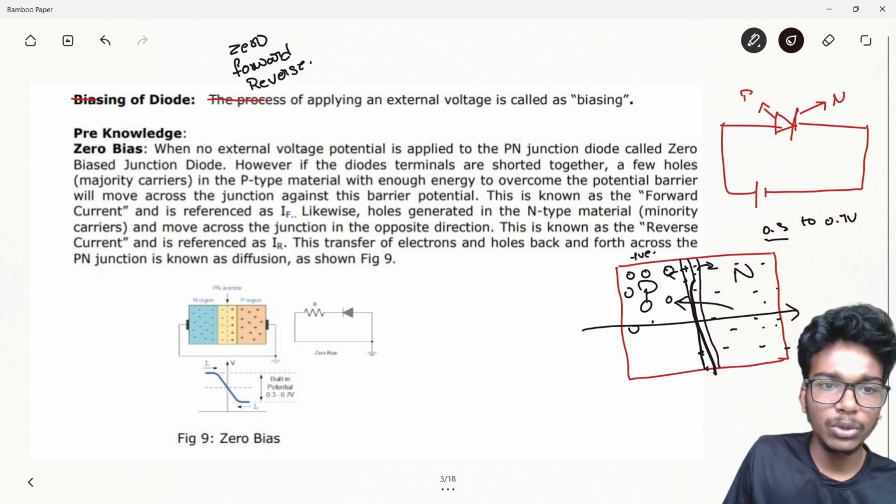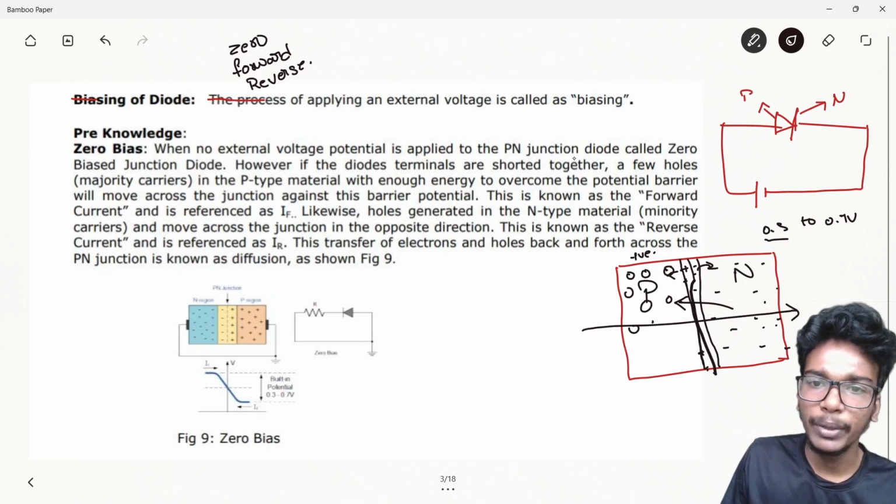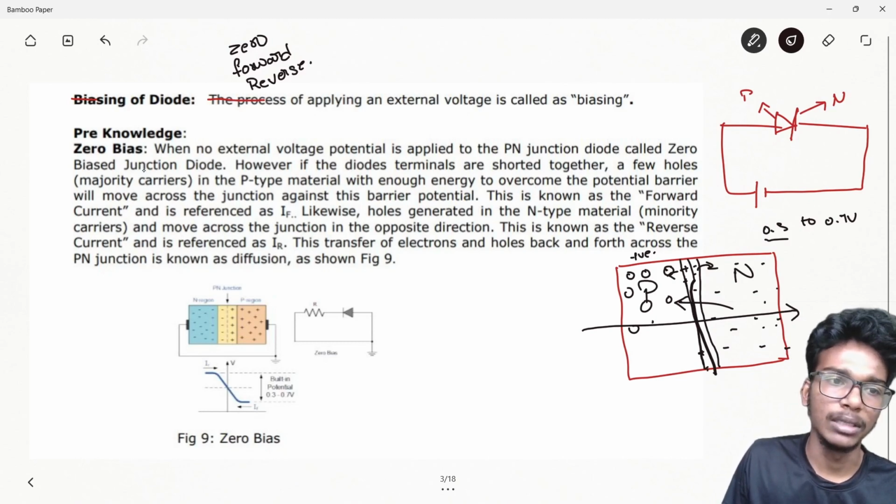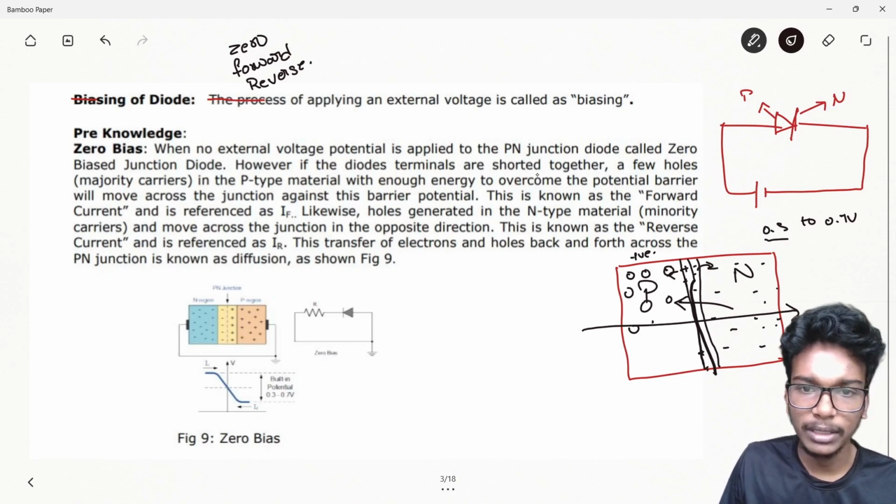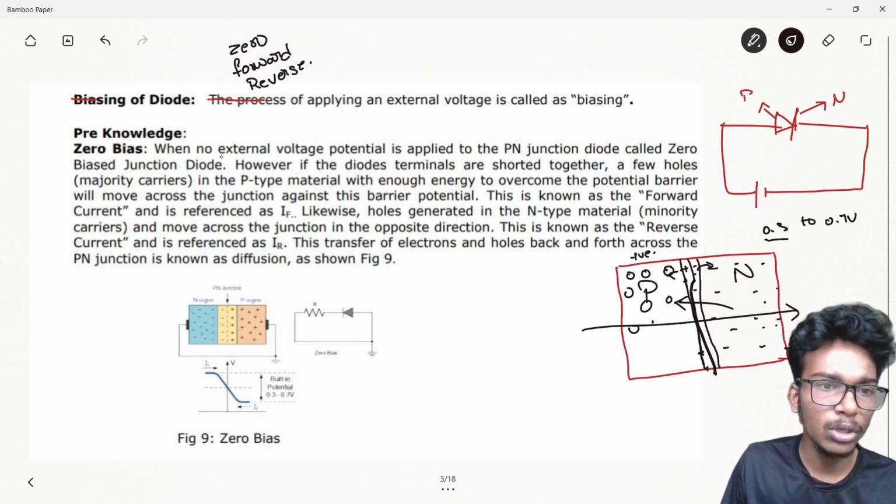Zero biasing is when there is no external voltage applied on a PN junction diode. This is called a zero bias junction diode. That's what I mentioned, right? However, if the diode terminals are shorted together, a few holes in the P-type material with enough energy to overcome the potential barrier will move across the junction against the barrier potential.